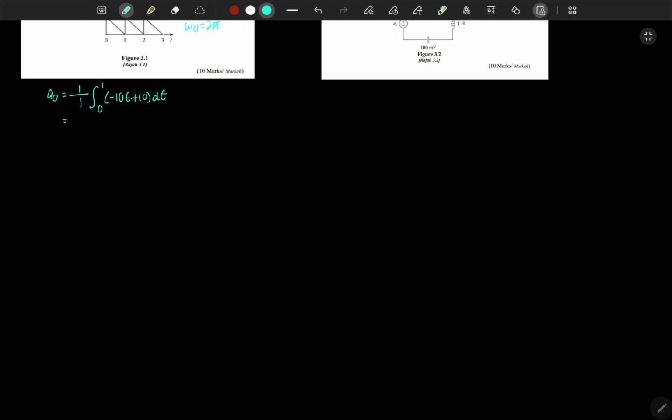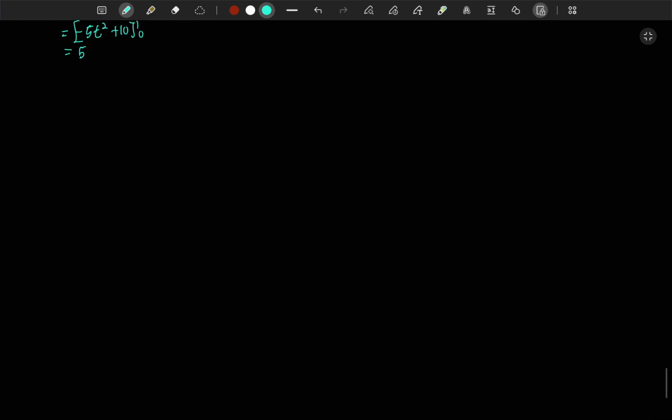So 1 over 1 is 1, you can cancel that out. If you integrate this, you will get negative 10t squared over 2 plus 10t, and the input values are 1 and 0, so you just need to input 1. If you simplify it, and input 1, the final answer would be 5. Now our a0 has been found.